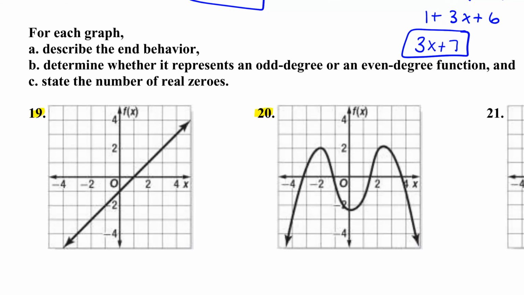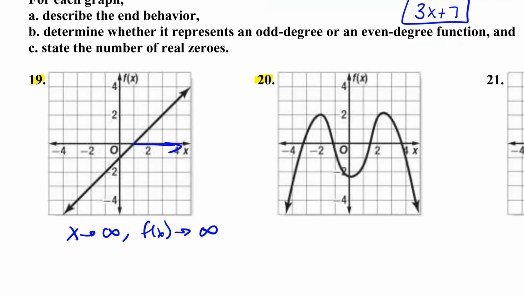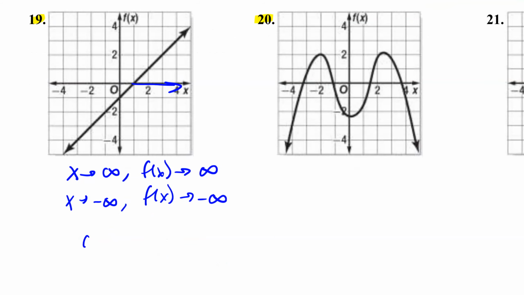So the end behavior for number 19, right? As x goes to infinity, what's happening to my function? As x goes to the right, what's happening to my y? It's going up. And as x goes left to negative infinity, what's happening to my function? It's going down. Yeah. And then we know this is odd because they go in opposite directions. And then there's only 1 zero because it touches the x-axis at exactly 1 point.